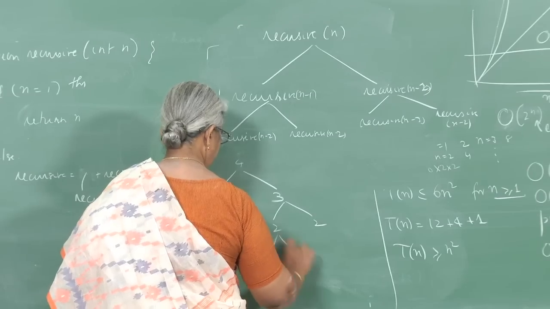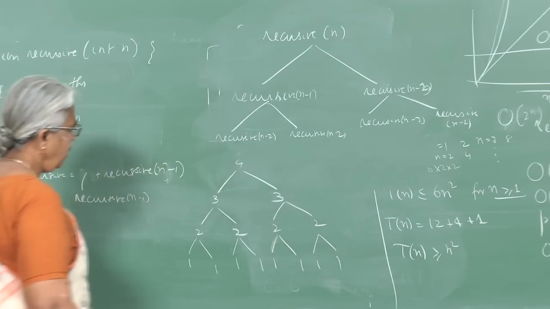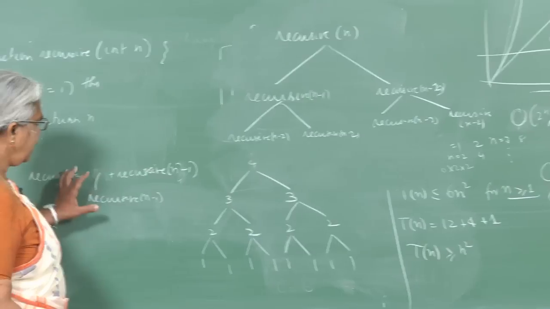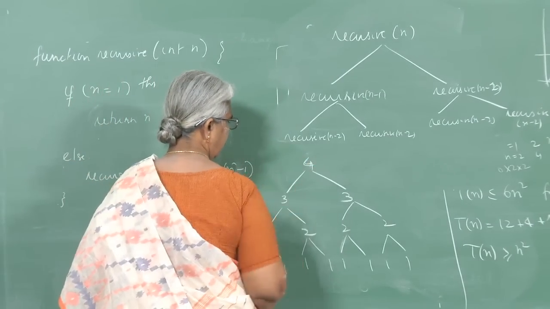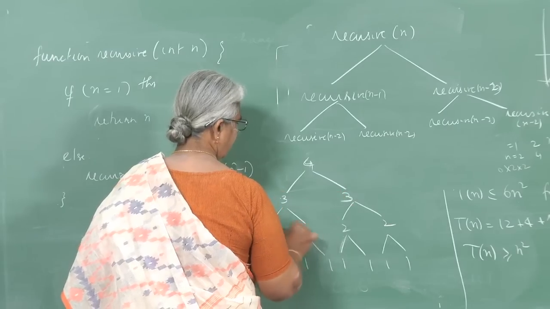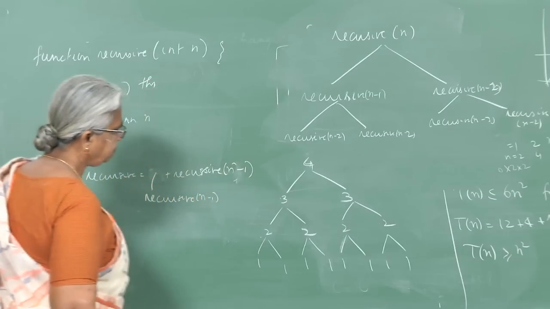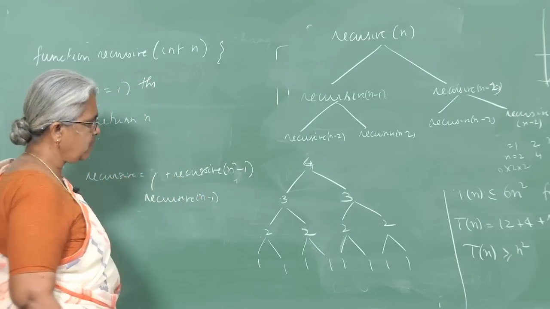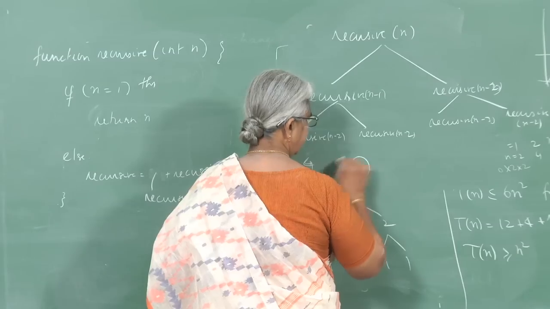So, now if you look at this computation, which was order n originally, what is n now? N is 4. Now if you look at the number of computations, 1 2 3 4 5 6 7. So, basically 7 times the recursive call is being made.